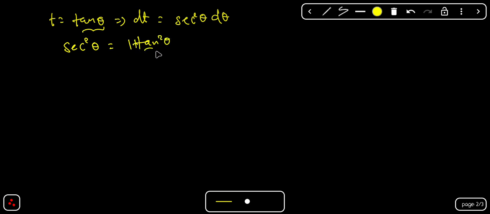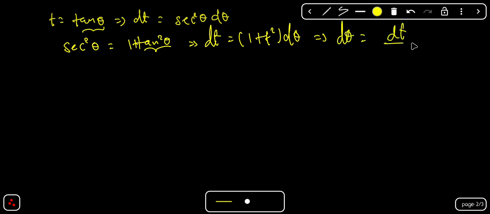And where tan theta is t, we are going to have dt is equal to 1 plus t raised to the power of 2 d theta, okay? So that is the dt. And then you can make d theta the subject of the formula here. So d theta will be equal to dt over 1 plus t squared. So that is beautiful, guys.